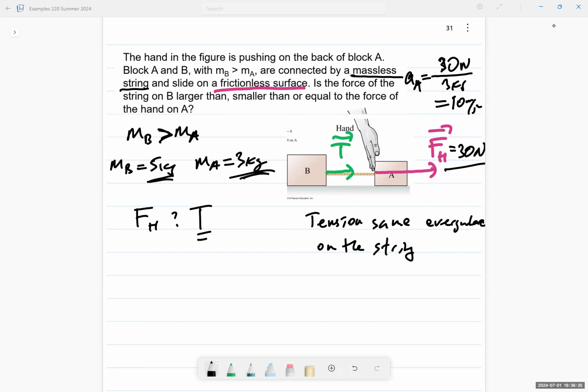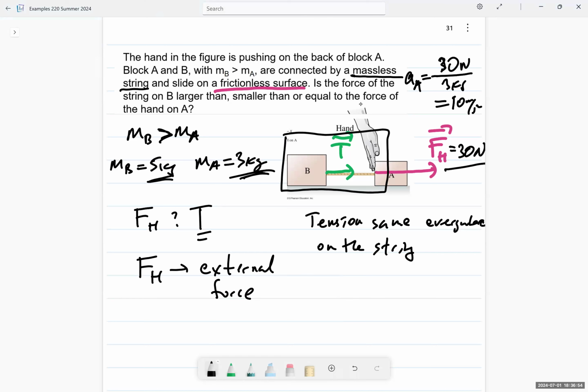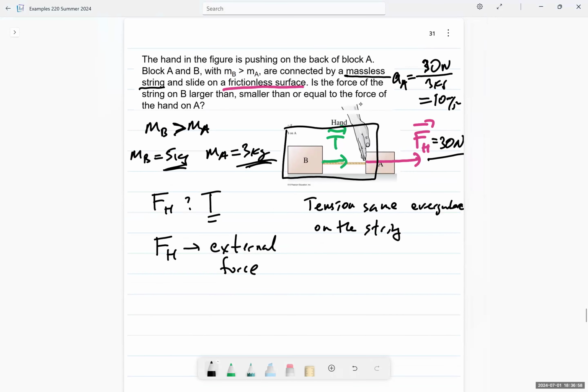So I have an answer: hand pushing A. Yeah, that means at this point F_H is the external force. Since A and B are connected, I can think of this as a system, with external force F_H acting on it.